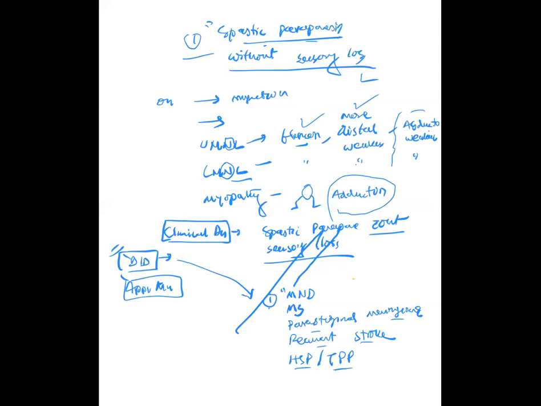Okay, then the examiner will ask the question. So our main aim here is MND, MS, parasagittal meningioma, and recurrent stroke.